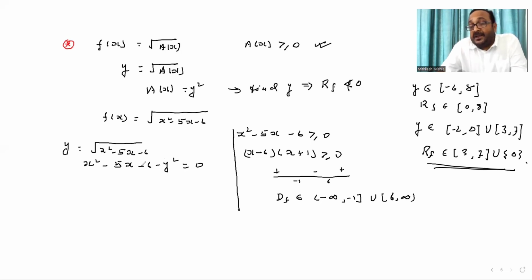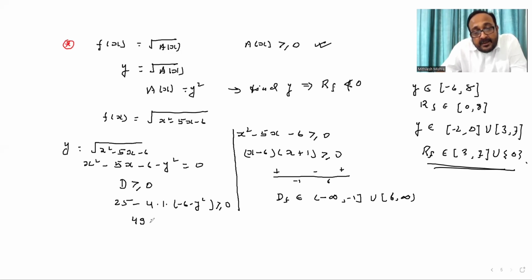Again, x in this quadratic must be a real number because the domain must be real numbers. So its discriminant must be greater than or equal to 0. B square minus 4ac, that means 25 minus 4 into 1 into (minus 6 minus y square) greater than or equal to 0.